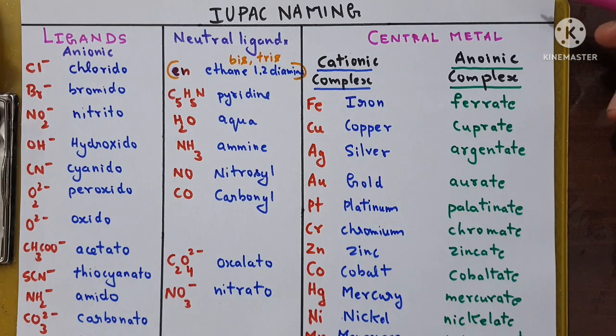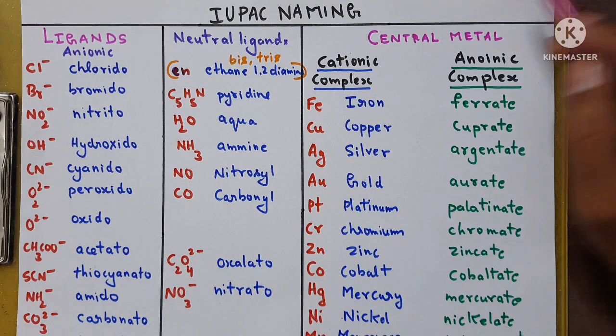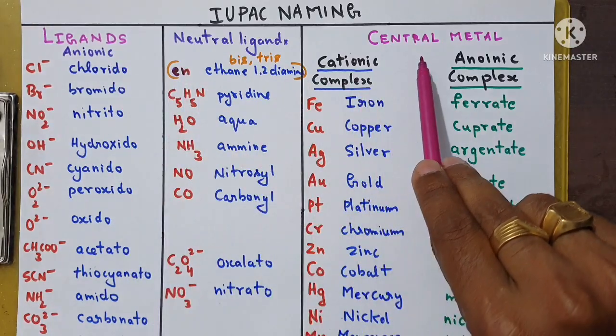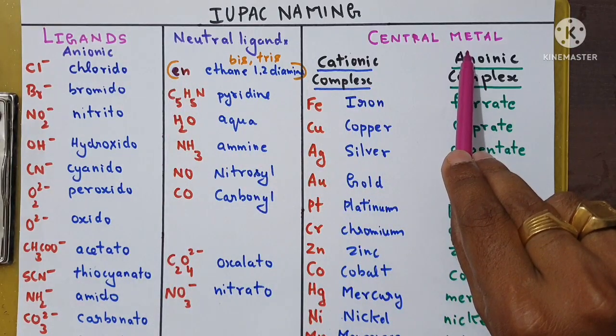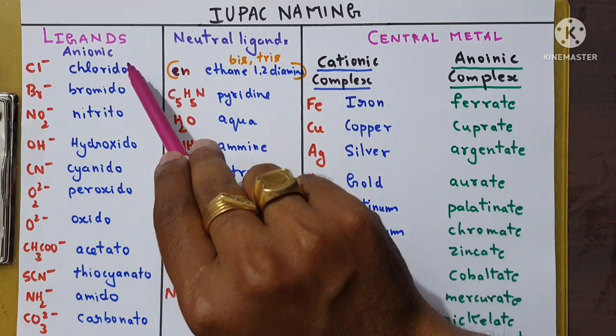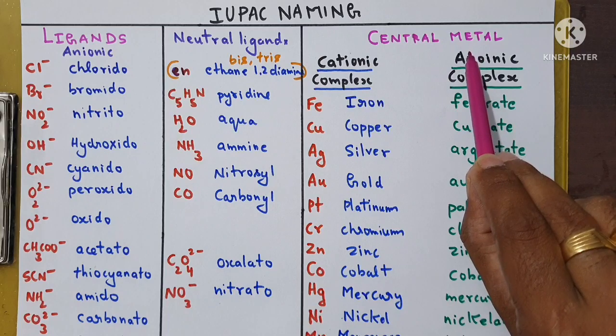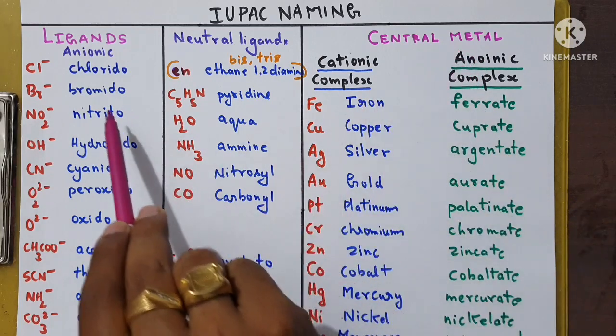Yes children. In this, I have given the name of the ligands on one side, and on the other side, the name of the central metal atoms. Let me just tell you the names of the ligands. First, you can observe this side.